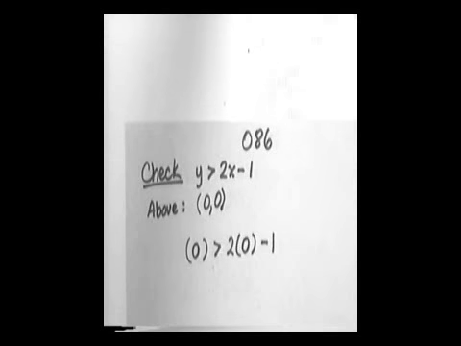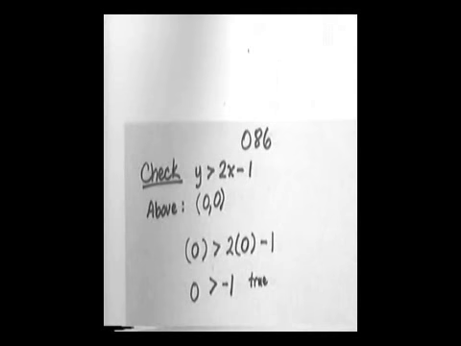And so we get 0 is greater than 2 times 0, subtract 1. On the left, we have just 0, then the greater than. On the right, 2 times 0 is 0. 0 subtract 1 is negative 1. 0 greater than negative 1 is true. And so the 0, 0, which is above the boundary line, tests true.